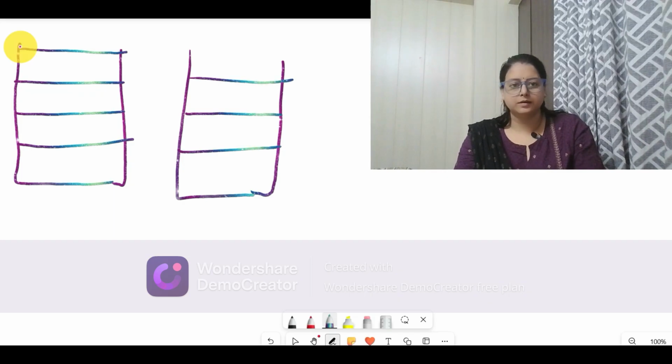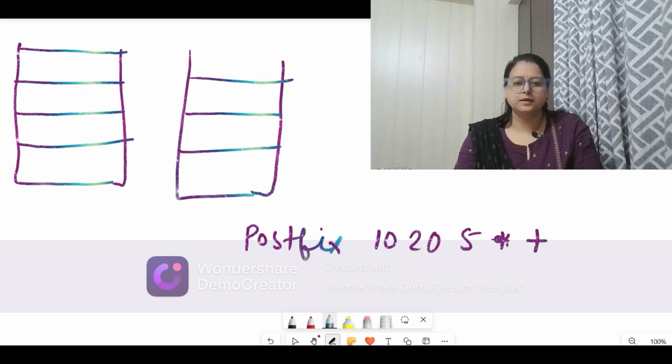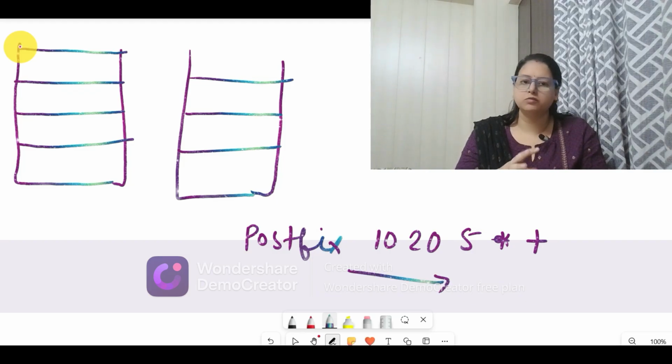And our postfix expression is 10, 20, 5, then multiplication, then plus. The rule for the compiler is that it will evaluate this expression from left to right.